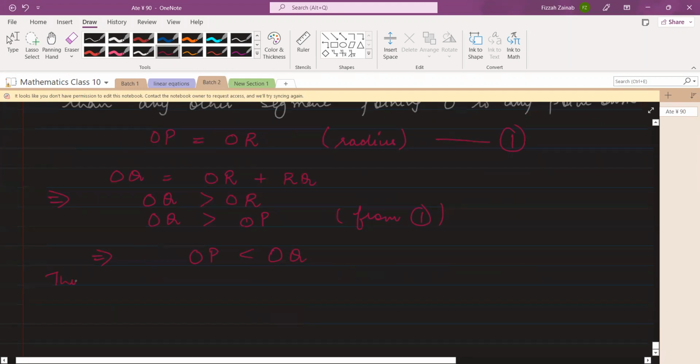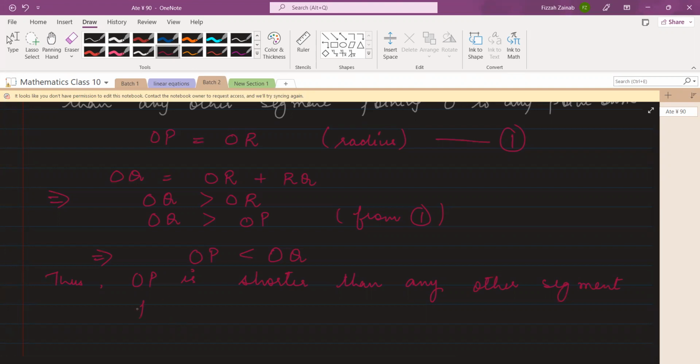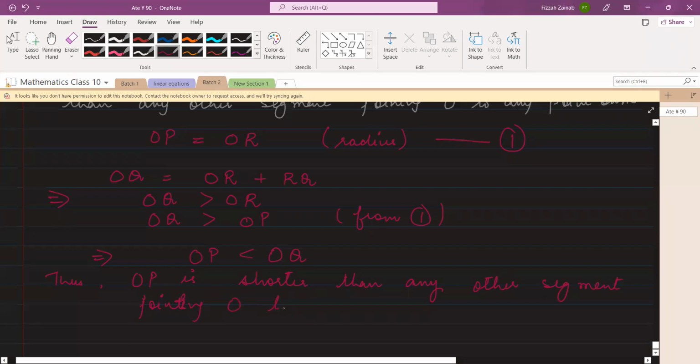So thus, we have shown that OP is shorter than any other segment joining O to any point on AB.